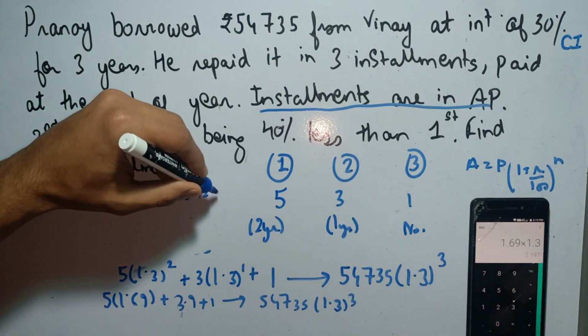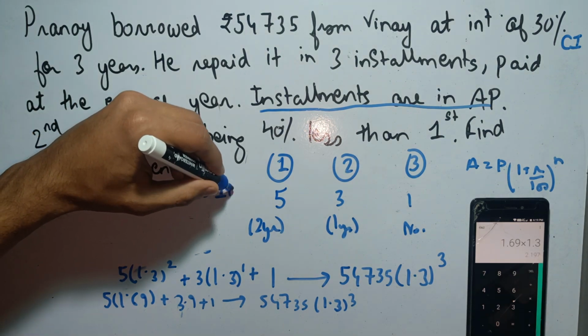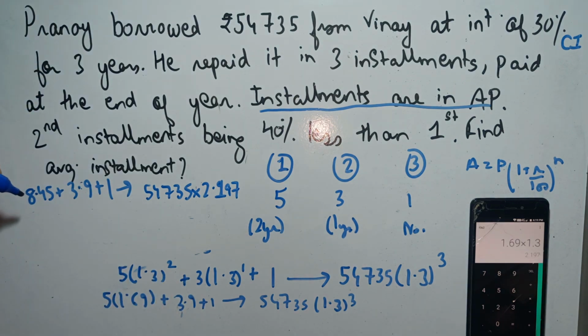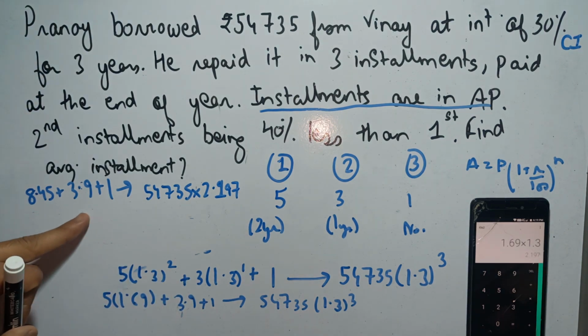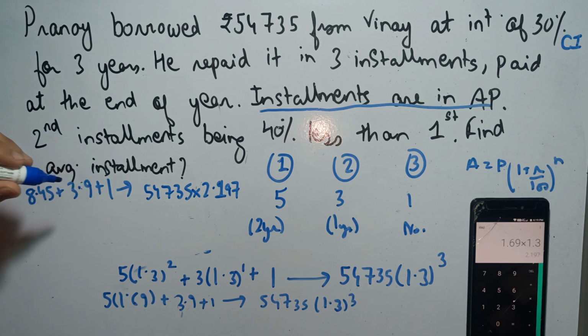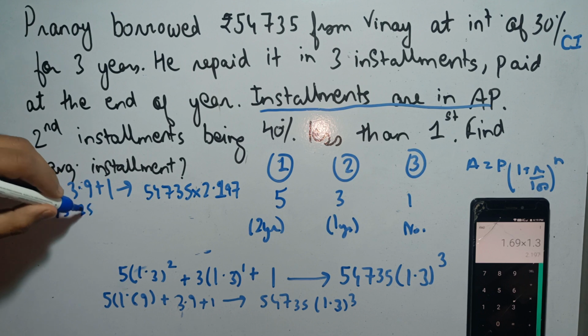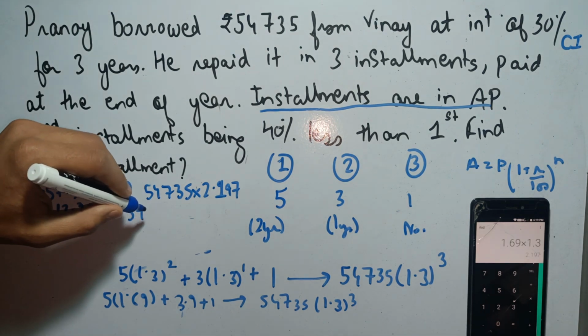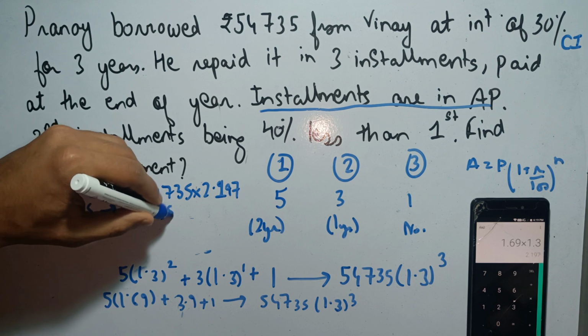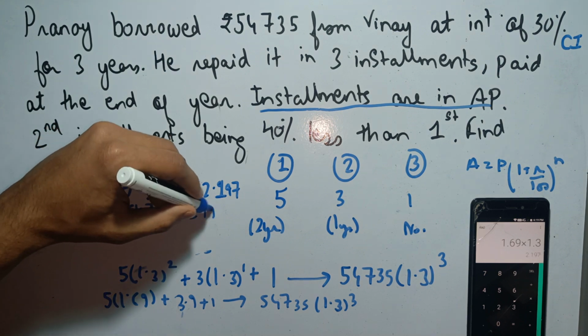So we get 54735 into 2.197. We need to get the value of 1 from here. First we'll add 8.45 plus 3.9 plus 1, which gives 13.35. And this would give us 54735 into 2.197.